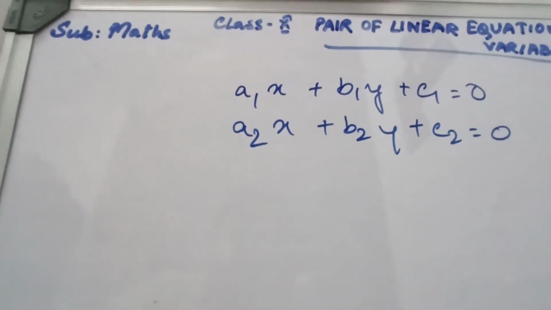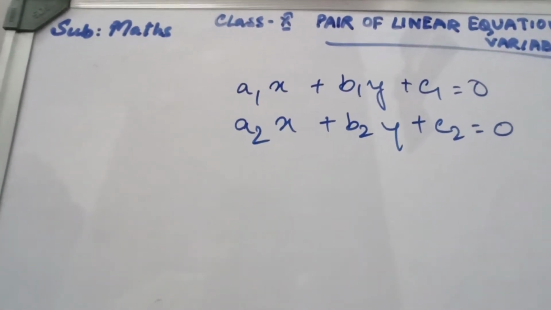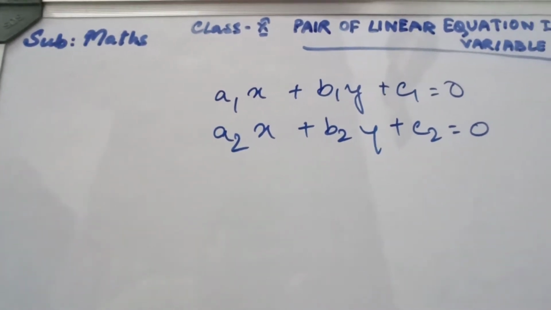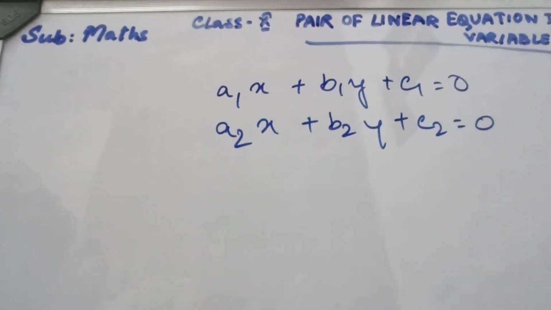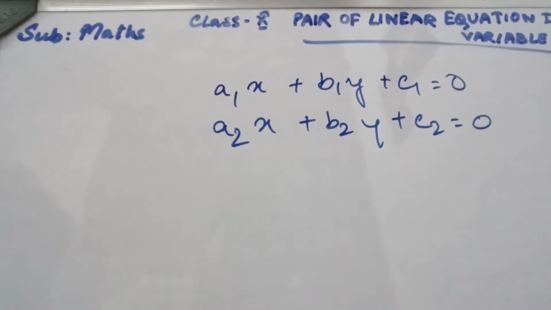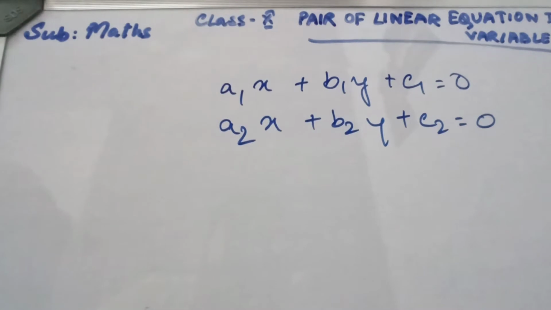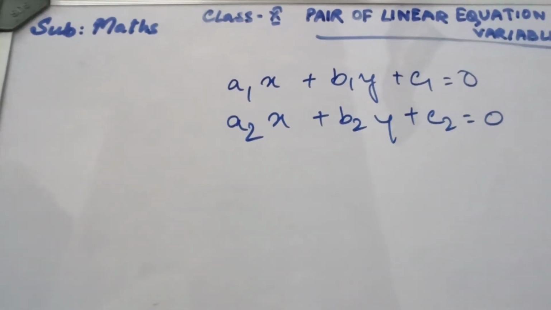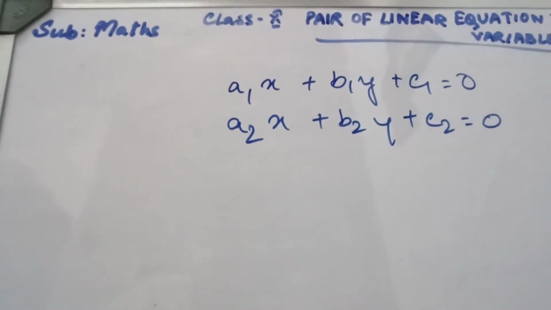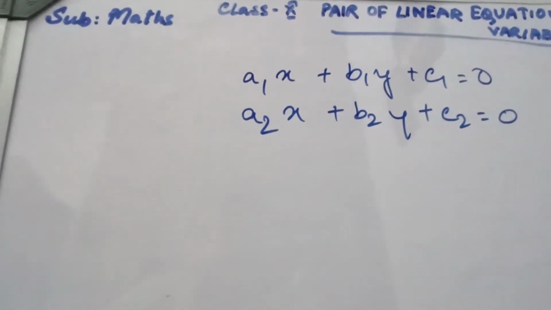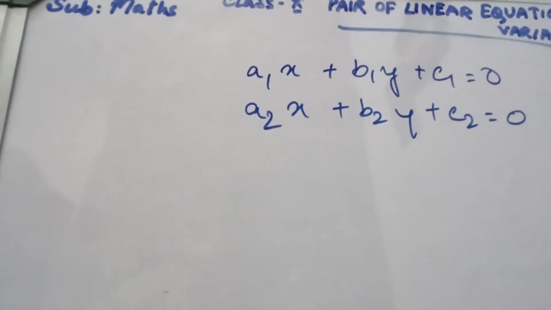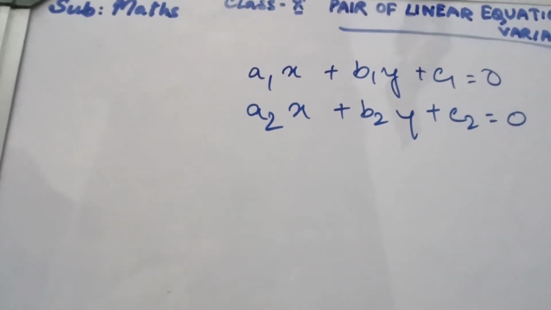And what is b2? b1 is the coefficient of y for the first equation, and b2 is the coefficient of y for the second equation. And what are c1 and c2? c1 and c2 are the constant terms. Okay, whatever constant terms we have, those are c1 and c2.